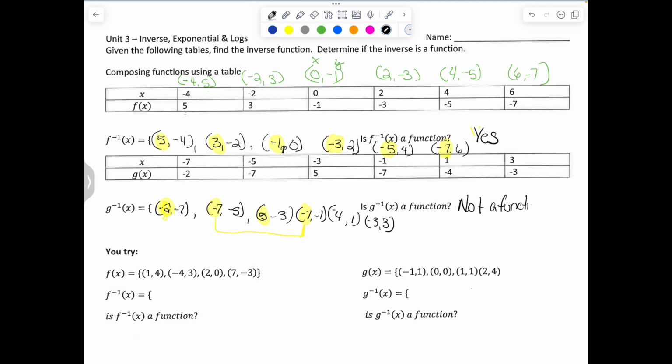That means the original function was not 1-to-1. It's not a function because f of x was not 1-to-1.